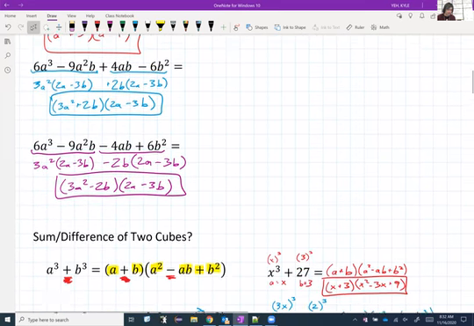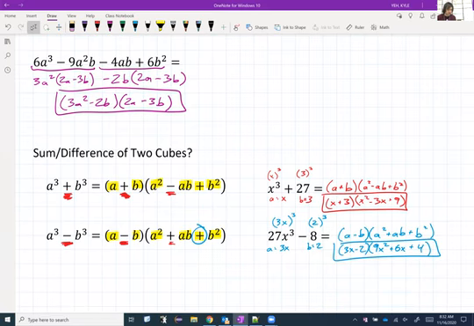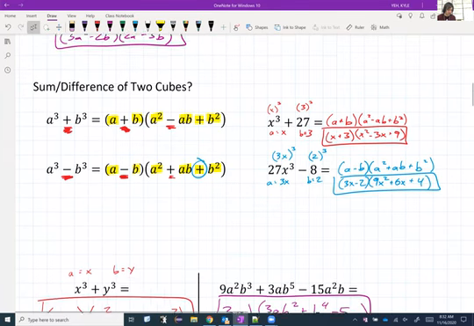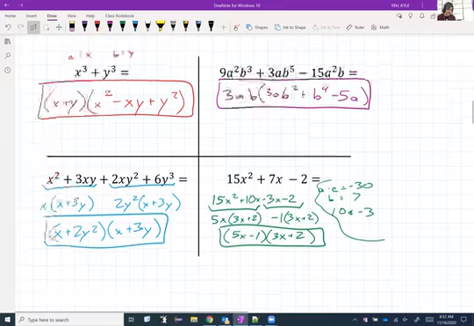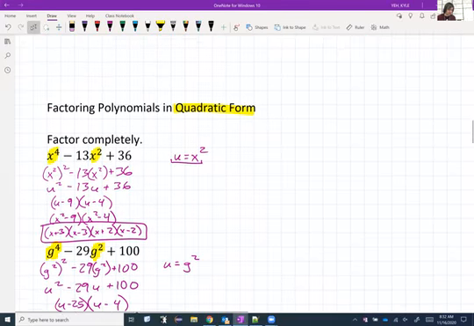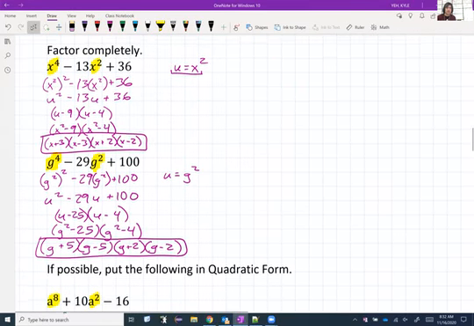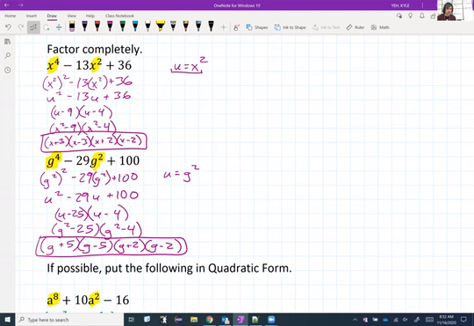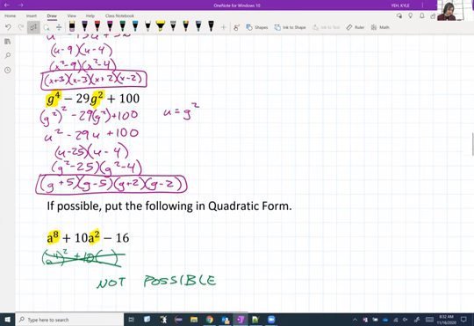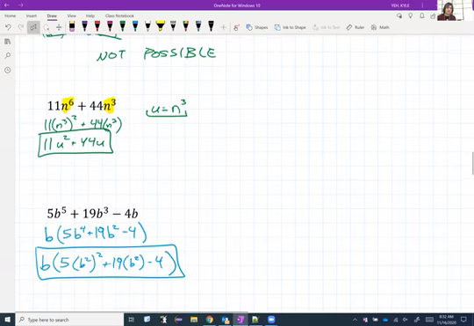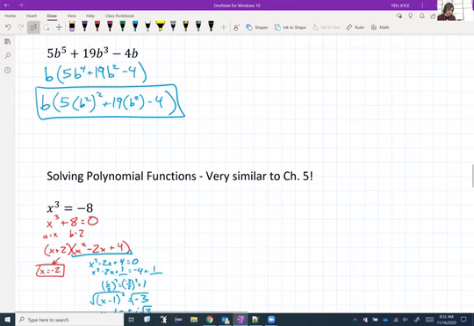We had these 2 formulas for sums or differences of 2 perfect cubes. Did some practice there. And then this last method was quadratic form. Can we create a u variable and set it to something so that we can write our original expression as a quadratic? Can only do that if the second degree is half of the first degree.